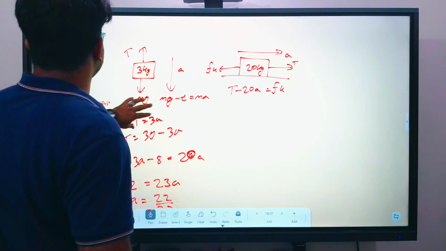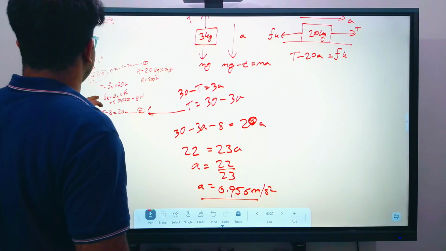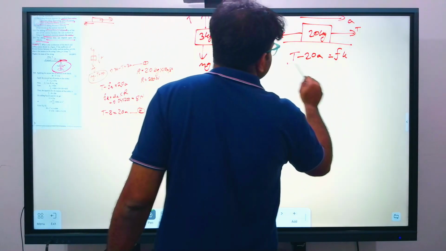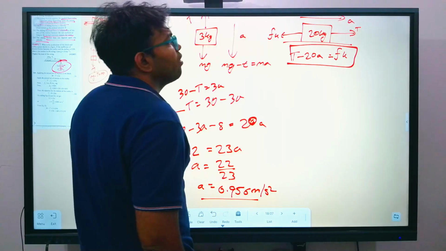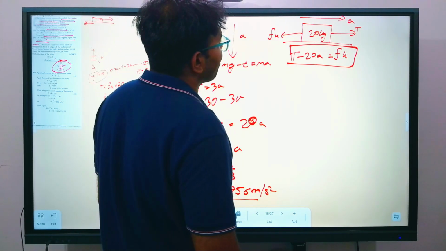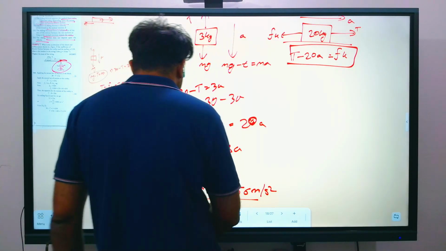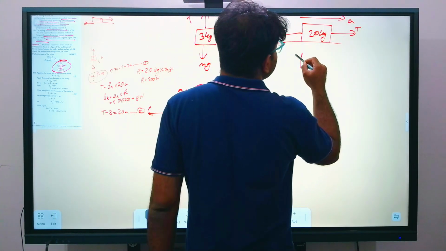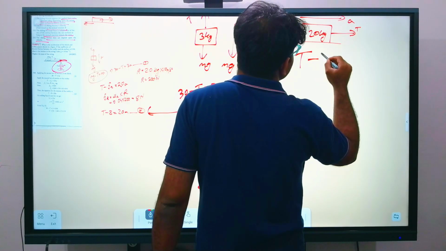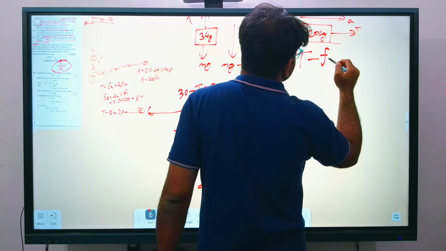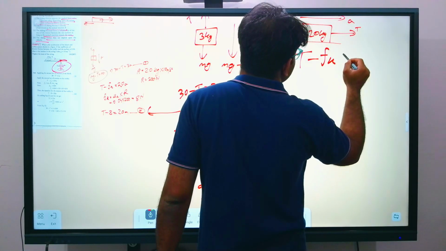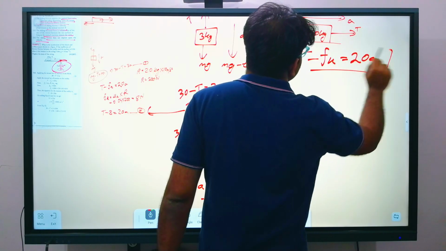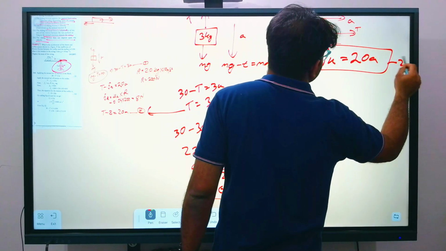Oh, I'm too tired today. T minus f of k is equal to 20a. This should have been the equation. This is equation number 2.